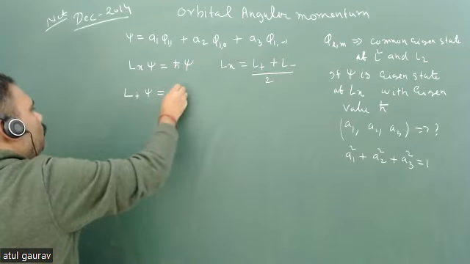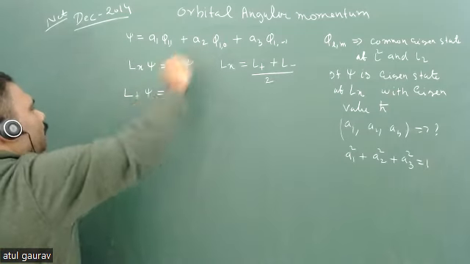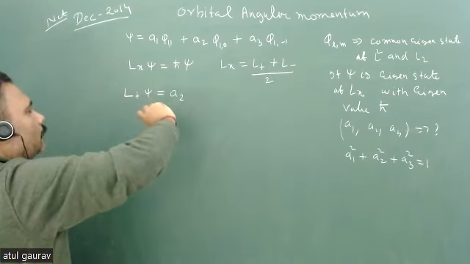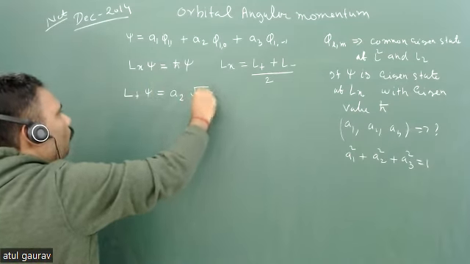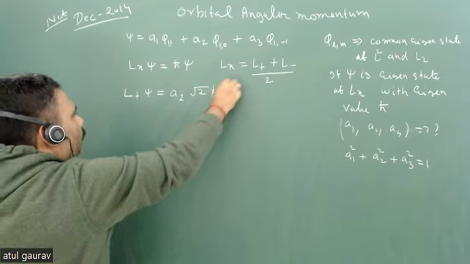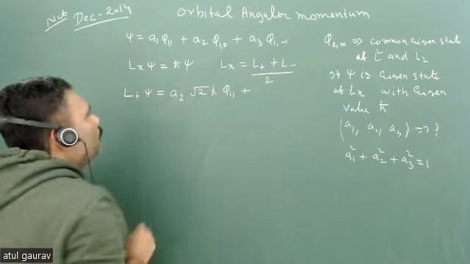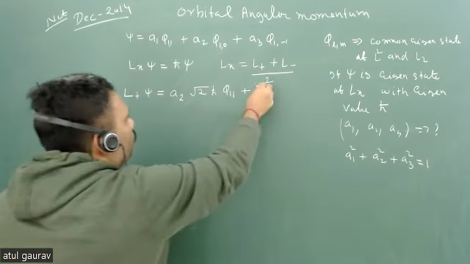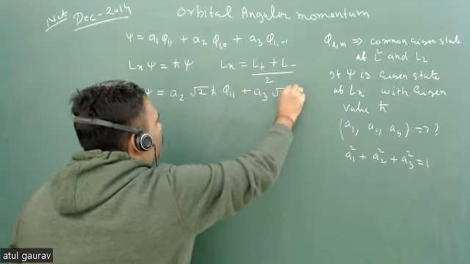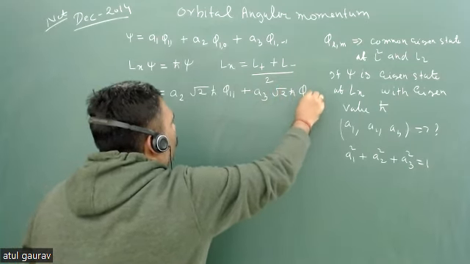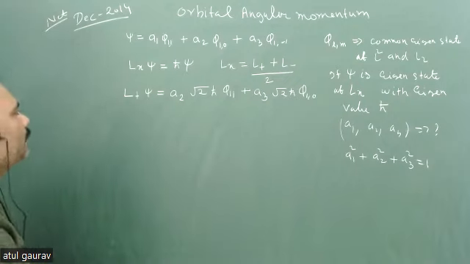Which state does it go to? It goes to phi 1 1, and the coefficient will be root 2 h cut, so A2 root 2 h cut phi 1 1. And for the last term, A3 root 2 h cut phi 1 0. So this is the story for L plus.